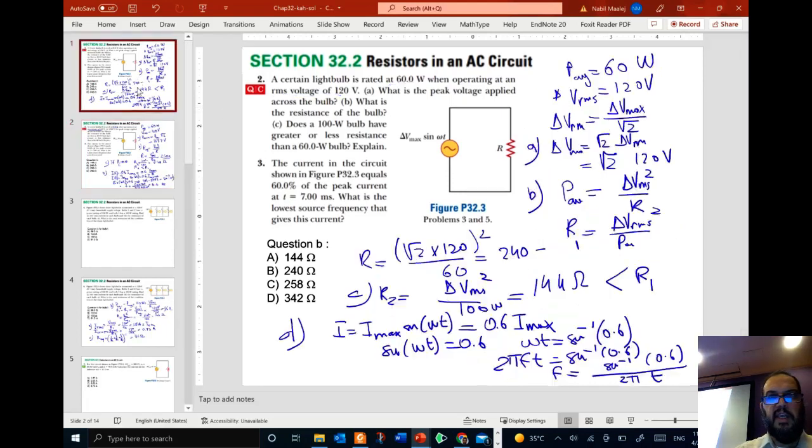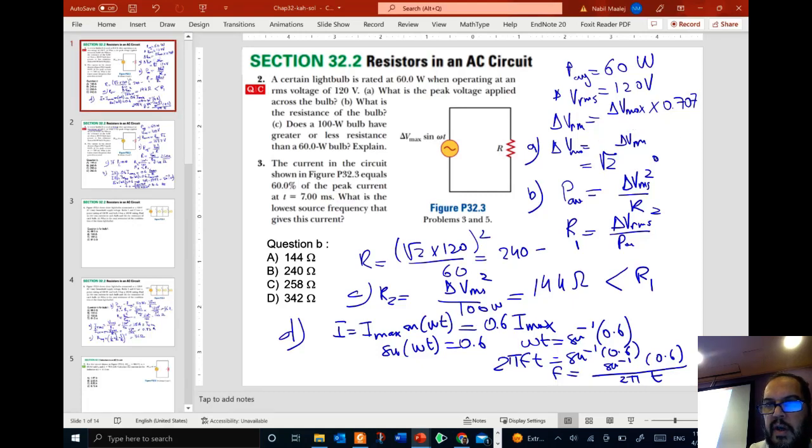Did I make a mistake here? Yeah, so sorry. So here, delta V RMS is 0.707 times delta V max, which is 1 over square root of 2.